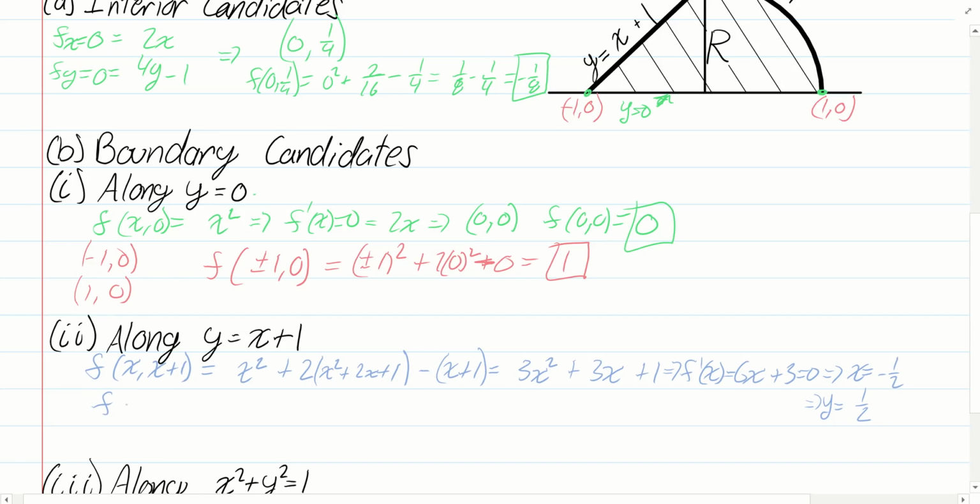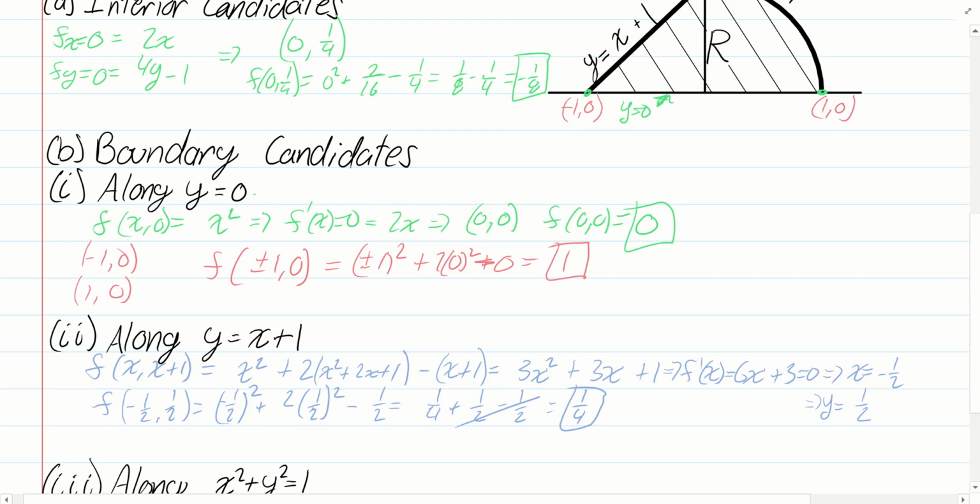So f of negative 1/2, positive 1/2 equals 1/2 squared plus 2 times 1/2 squared, minus 1/2, so that will equal 1/4 plus 1/4 times 2, 1/2 minus 1/2, perfect, equals 1/4.